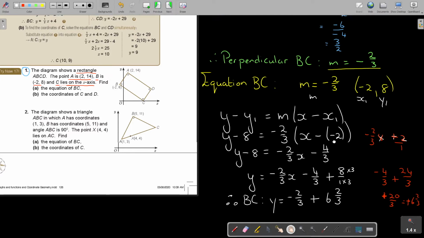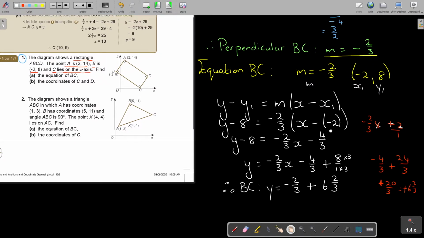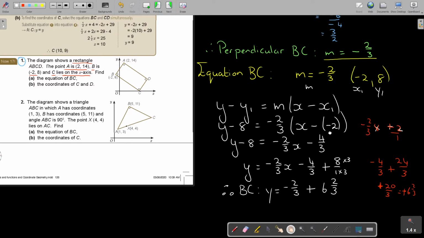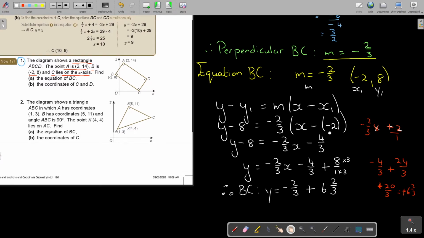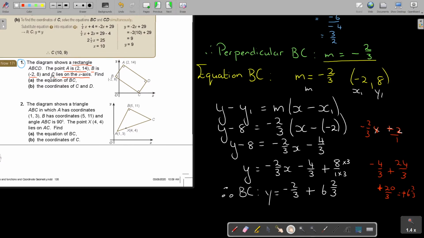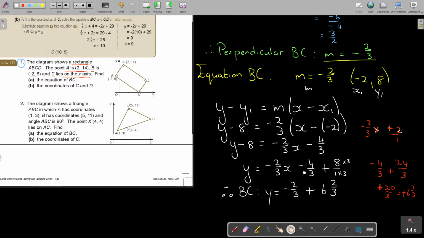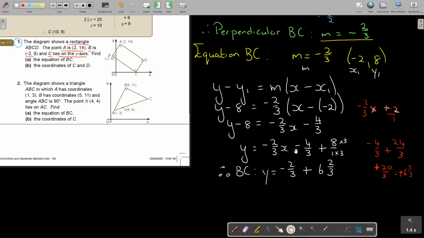What is the next question? The coordinate of C and D. So if I want to find the coordinate of C, don't forget it's where it cuts. D is on the x-axis. So let's just go to B. So I'm going to find point C. And don't forget it's the x-intercept, x-coordinate.